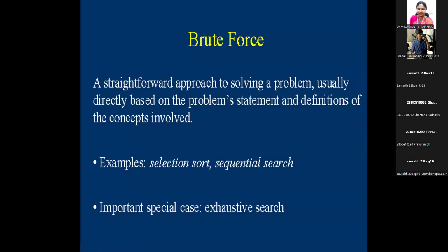The brute force approach is a straightforward approach to solve a problem, usually directly based on the problem's statement. If they give you a problem to solve or to computerize, for example sorting, you know what sorting is and the logic behind it. We will create a problem statement, aim or objective.